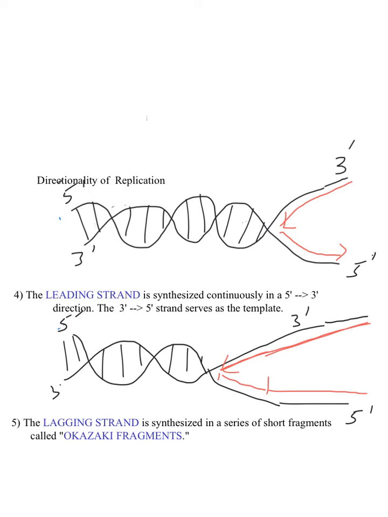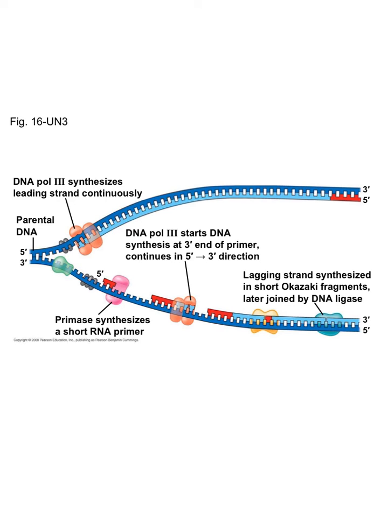These little short fragments here would be known as Okazaki fragments. Later we'd have to splice these together so that we could have a complete fragment of DNA. Here's a cleaned up version. It's a lot better than my drawings. But here's that leading strand synthesized continuously in this direction. And here's the results of those Okazaki fragments.